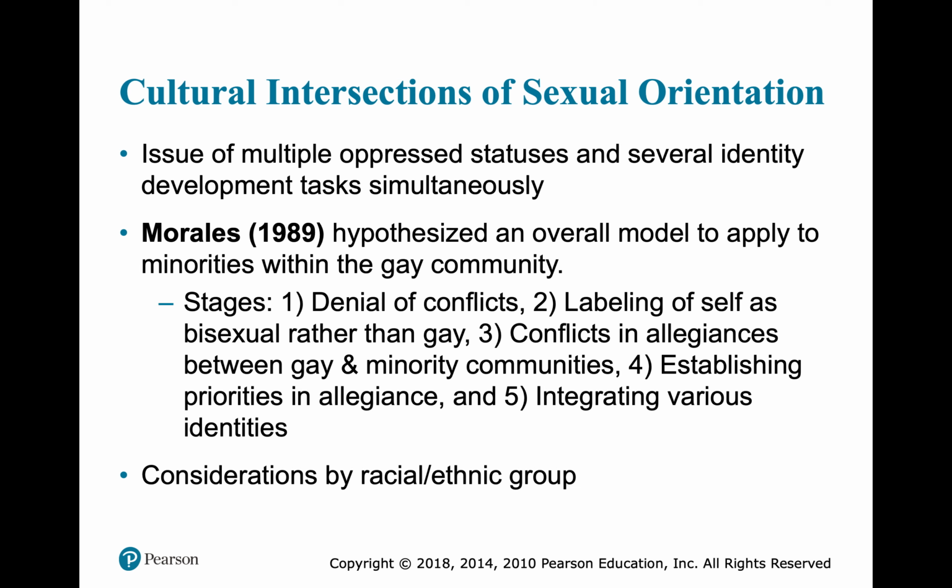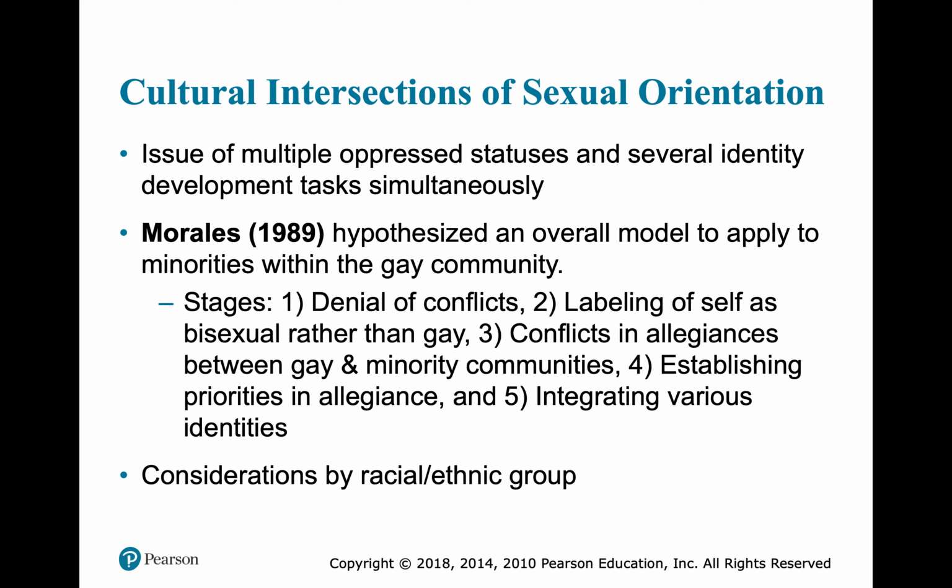So Morales in 1989 came up with a model that can be used with those who are minorities within the gay community, so that intersectionality. Basically they hypothesize that individuals move through different states. The first one is denying the identity conflict altogether. The second one is labeling themselves as bisexual rather than gay or lesbian.